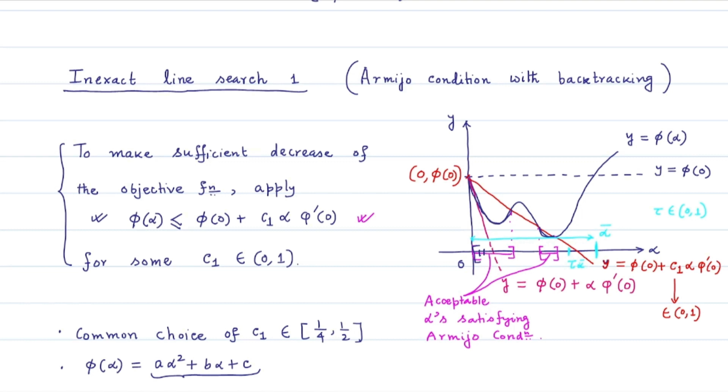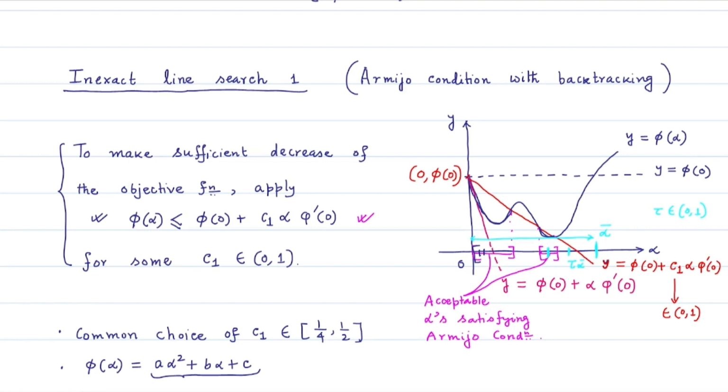If not, then again you backtrack by a fraction multiple of this tau alpha bar. So we get tau square alpha bar, let's suppose somewhere over here, and we notice that at this tau square alpha bar the Armijo condition is satisfied.